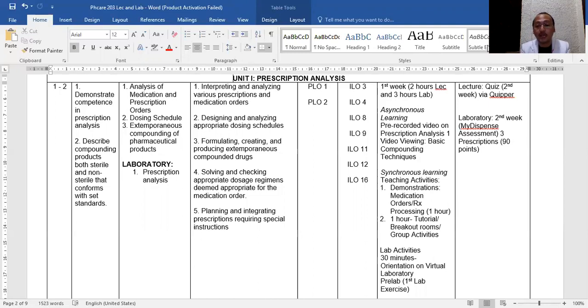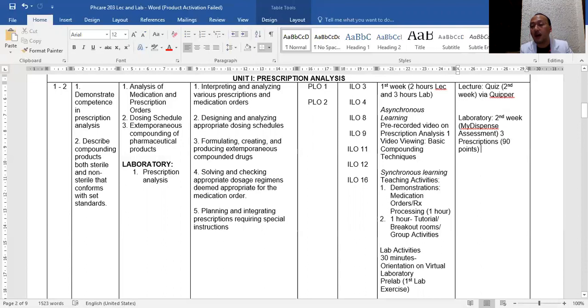After which, we're going to have a laboratory for 30 minutes, and then an orientation and a virtual laboratory on My Dispense and a pre-lab on the first lab exercises. For our assessment, we're going to have a quiz for the second week via Creeper, and the laboratory will also be in the second week for My Dispense assessment.